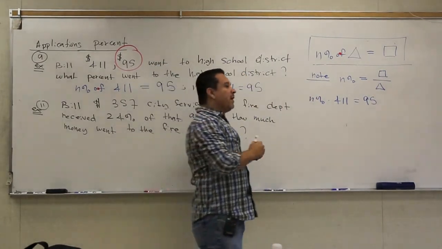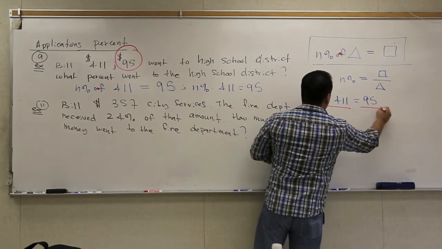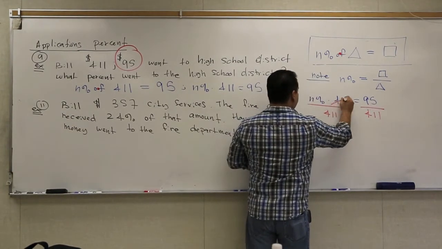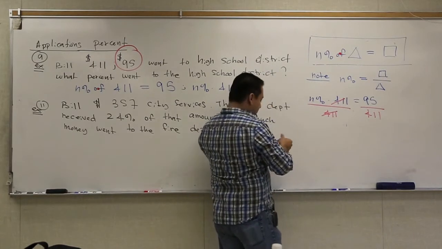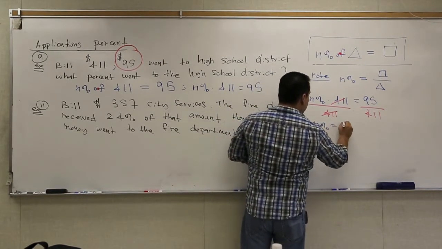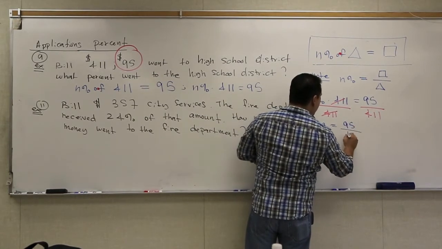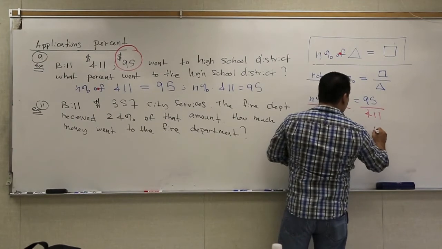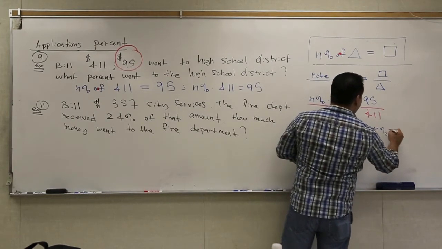You're going to divide both sides by what? By 411. Okay, then you get your n% being what? 95 divided by 411. Okay, so n% is going to be numerically.